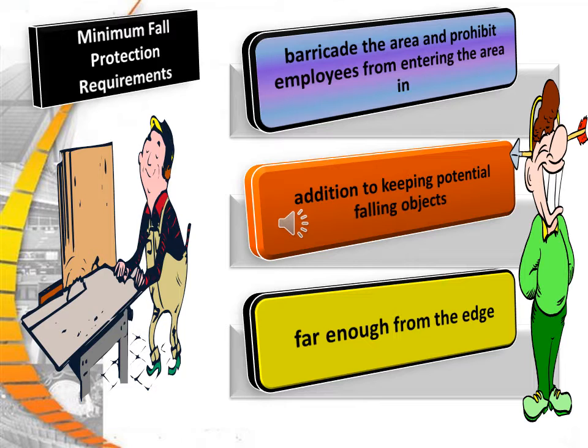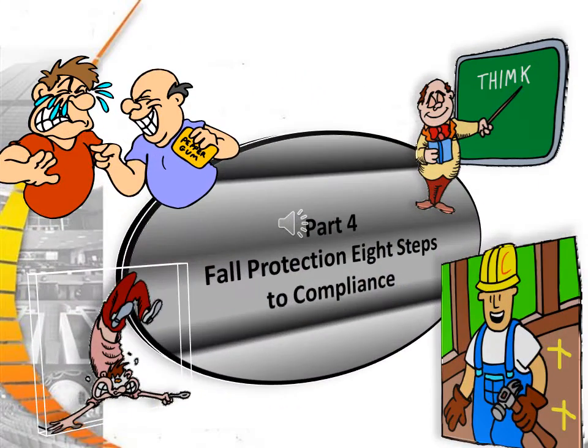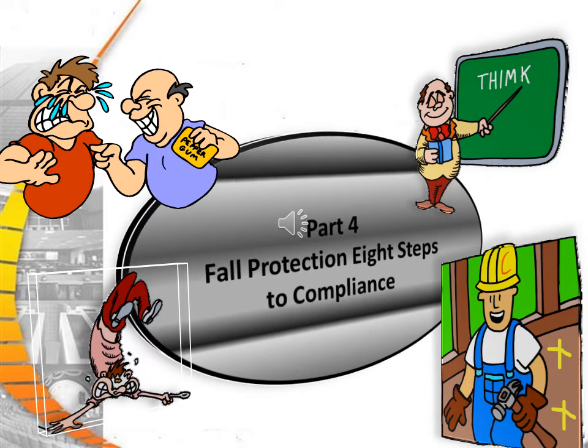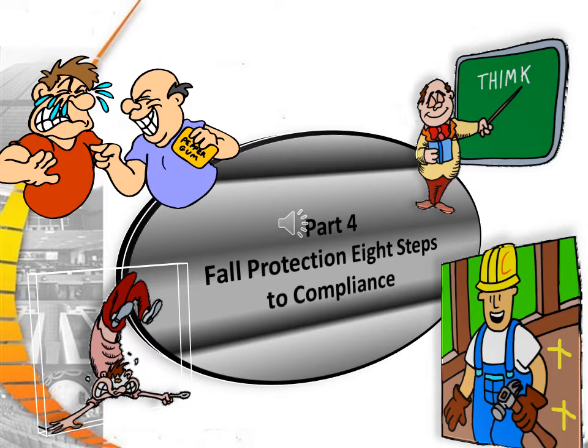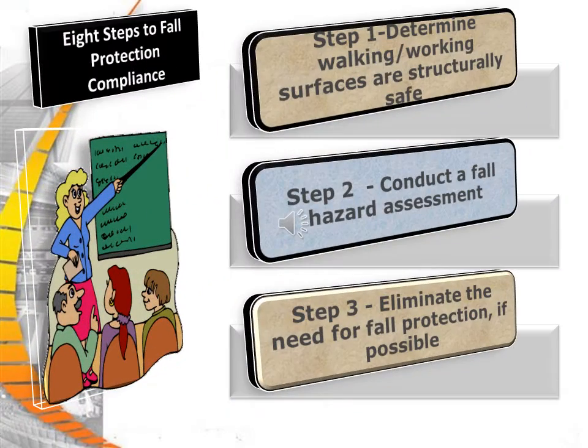Part 4. Fall Protection's 8 Steps to Compliance. Step 1. Determine the walking working surfaces are structurally safe. Step 2. Conduct a fall hazard assessment. Step 3.